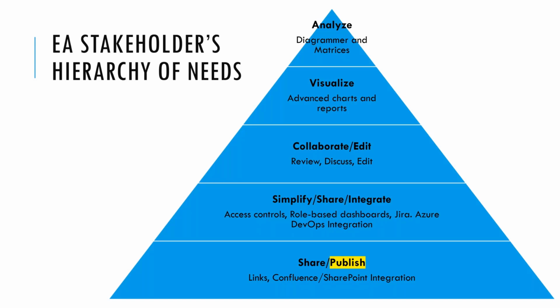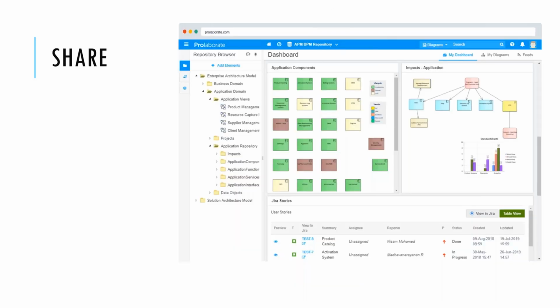For collaboration, we have reviews and discussions, and if there is any feedback, you would even be able to edit information in Prolaborate. In terms of visualizations, we'll have a quick look at the charts and reports. And finally, we have something called the diagrammer, and we also have the relationship matrices.